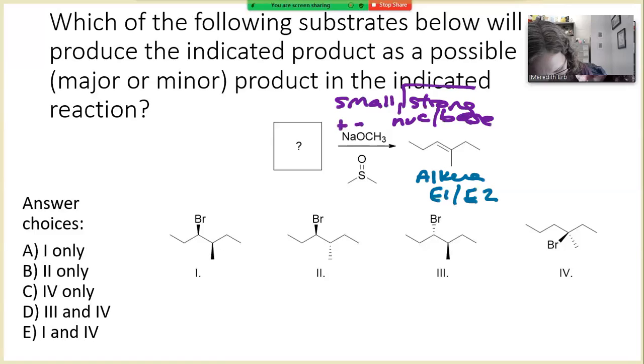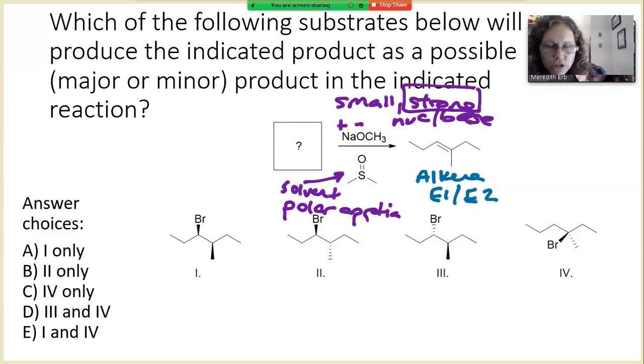So strong is kind of the key here. That typically favors a bimolecular process. We can also take a look at our solvent right here. The solvent is aprotic, so polar aprotic. And polar aprotic solvents also favor bimolecular processes. So the mechanism for this reaction is E2.